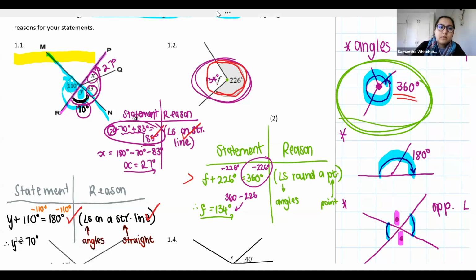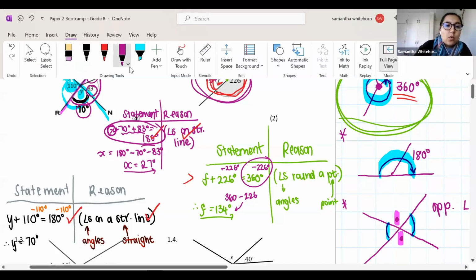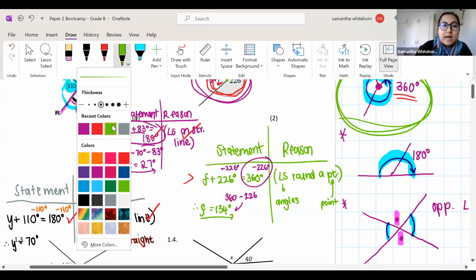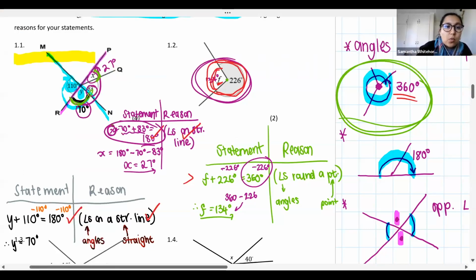So the F is what confused me. Okay, but remember F is the little angle that I'm looking for. F is this angle over here that I want. In the question before, I was looking for X and Y. So no, I didn't use R and N and stuff. I used X and I used Y because those are the angles that I'm trying to find here. So the lowercase letters, I want to know what size that angle is in order to go and work out the value of F.